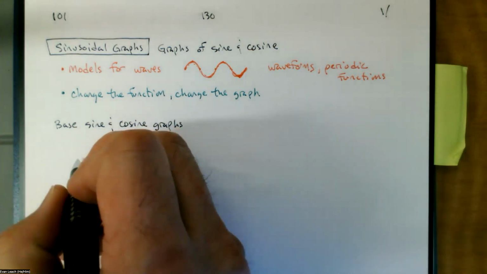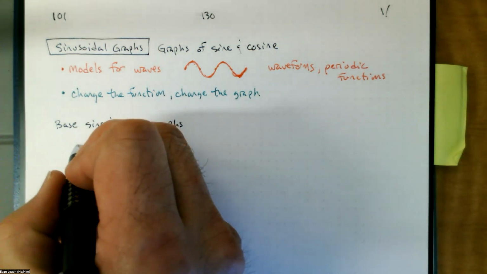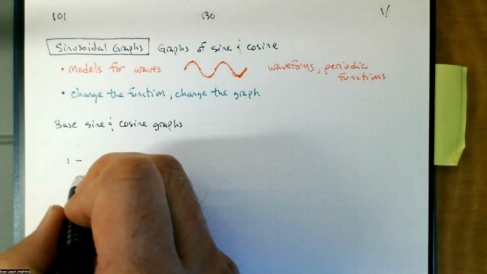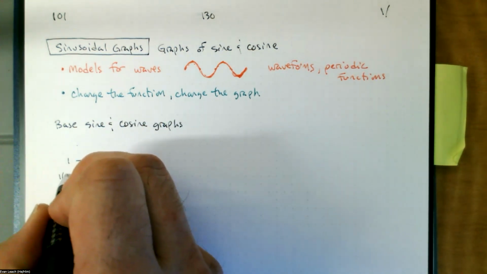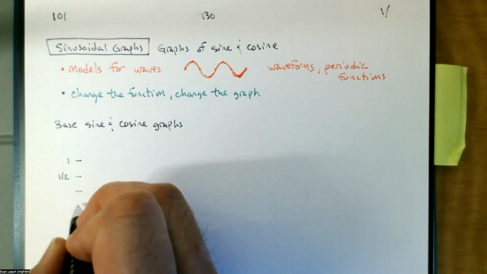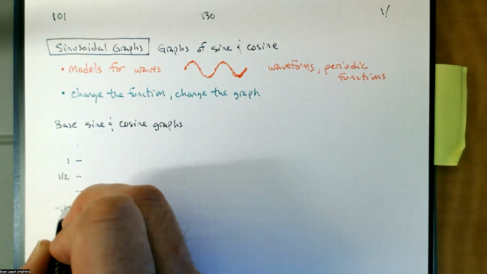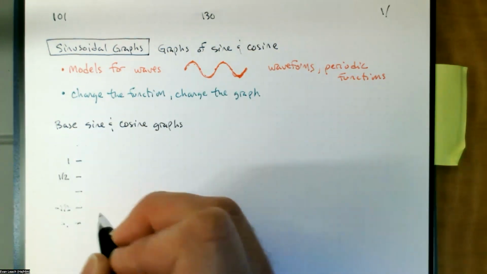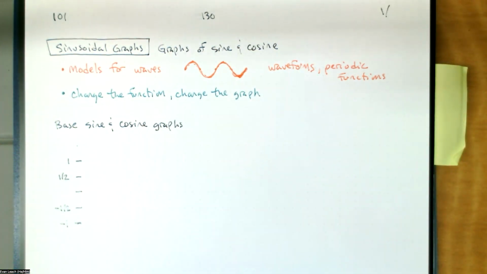So I want the highest points to be at 1. Let's put that here, 1. I'm going to want to be able to locate 1/2. And here's going to be 0. And then I'm going to want a -1/2, and then a -1. That's vertically how we're going to split things up.